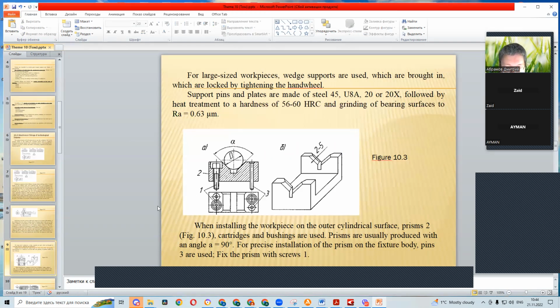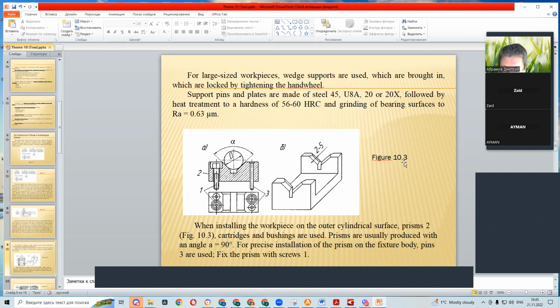When installing the workpiece on outer cylindrical surfaces, prisms 2, like in figure 10.3, cartridges and bushings are used.